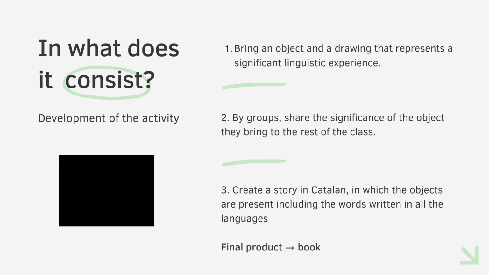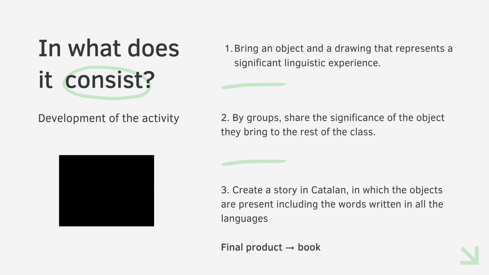We have created a second activity that is called Drawing Our Lives. Its main objective is to favor Catalan learning for a newcomer student. In order to do so, they will have to bring an object that represents a significant linguistic experience, as well as a drawing to visualize this connection. By groups, they would share the object, the experience, and the drawing in order to create a story in Catalan with all of these tools.